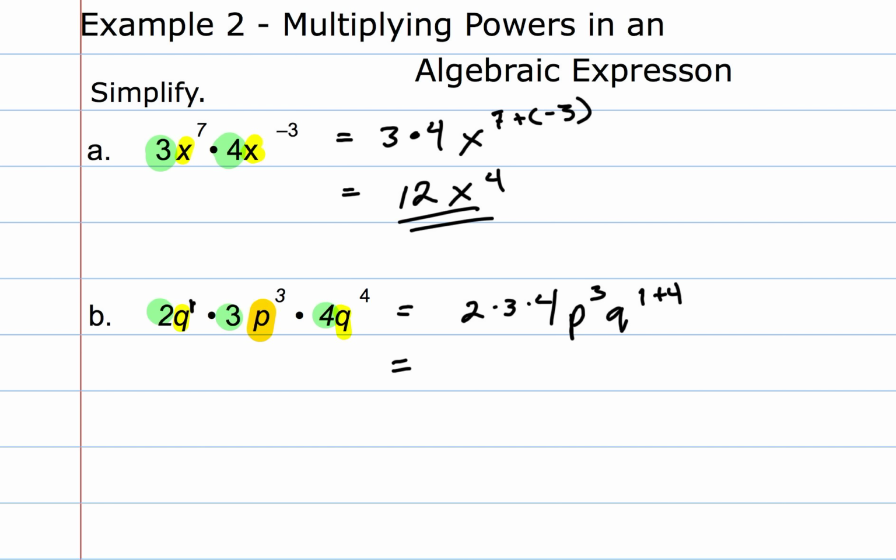So simplifying this, 2 times 3 is 6, times 4 is 24. P to the third. Sorry, lost connection there for a second.